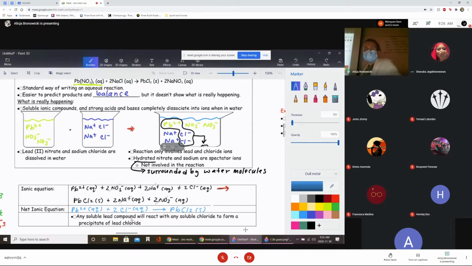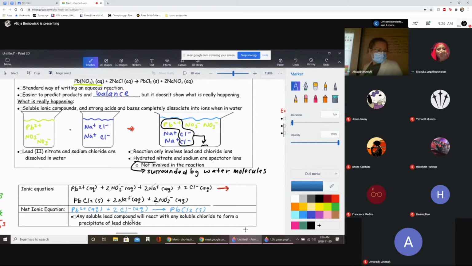That's what's really going on in the reaction. It's not represented well by the chemical equations we're used to, but those equations are good because they help us predict products. Okay, so hopefully that makes sense to you.